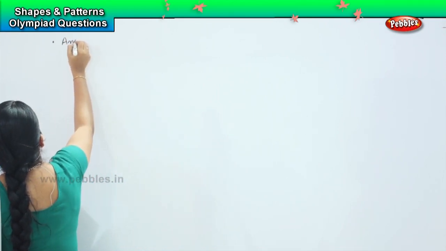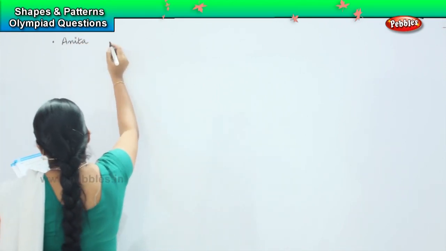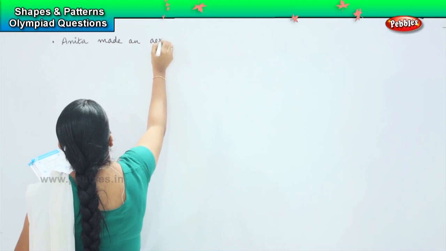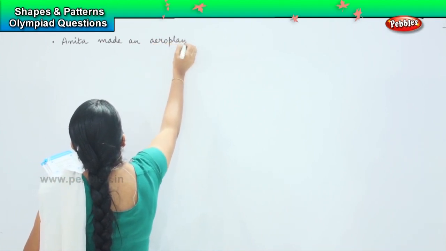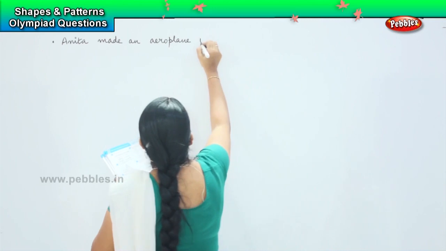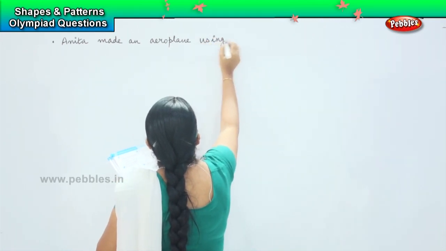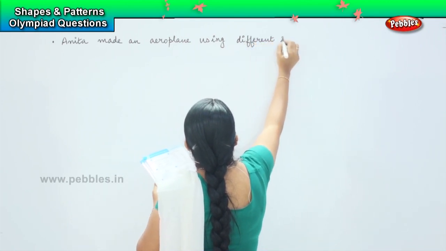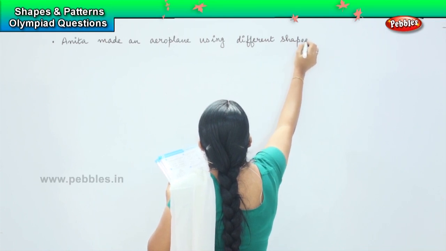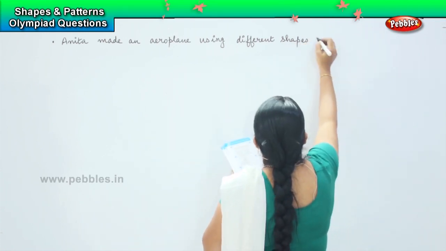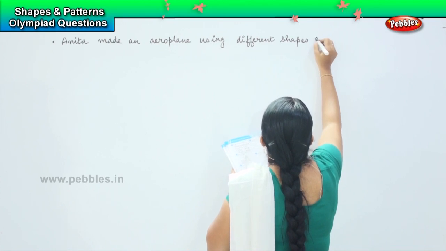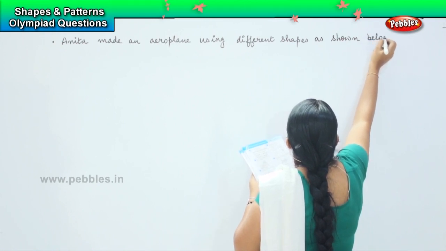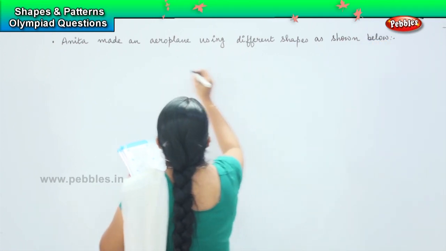Anita made an aeroplane using different shapes as shown below. Okay, so this is the diagram.